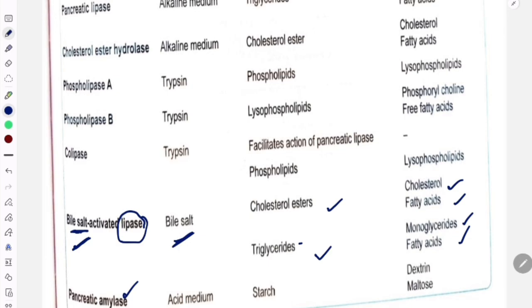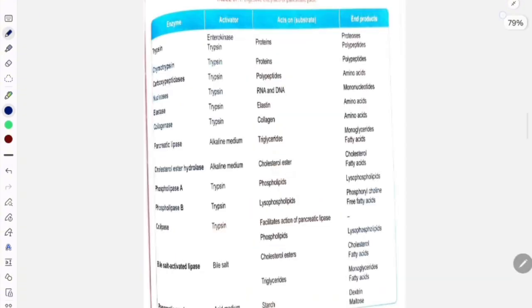This is the only amylolytic enzyme present in the pancreatic juice. It acts on starch and converts it into dextrin and maltose. And for the amylolytic enzyme also, an acidic medium is required for activation of the enzymes required in carbohydrate digestion. So this is all about the composition and the functions of pancreatic juice.